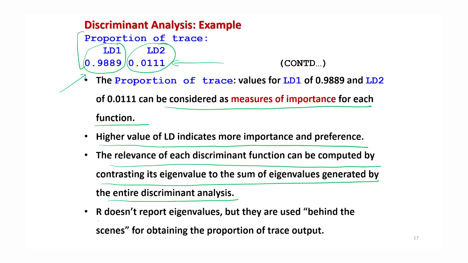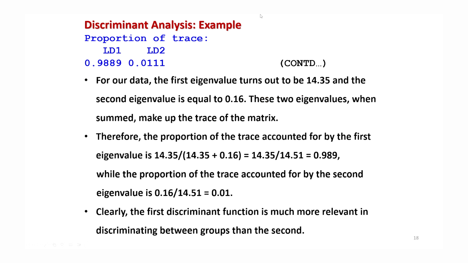R does not report these eigenvalues, but they are used behind the scenes for obtaining the proportion of trace output. For example, if I do it manually, for our data the first eigenvalue turns out to be 14.35 and the second eigenvalue turns out to be 0.16. Summing 14.35 and 0.16 gives us the trace of the matrix.